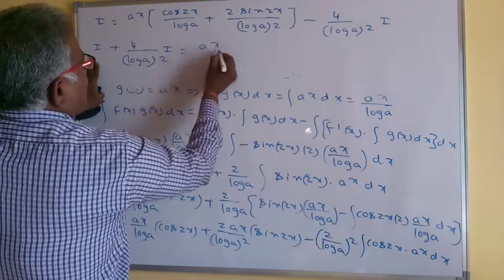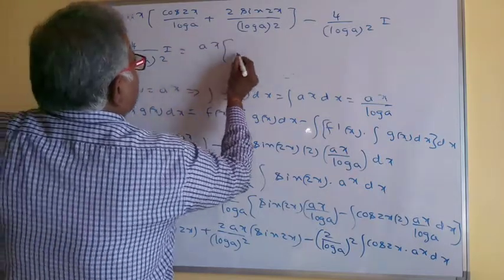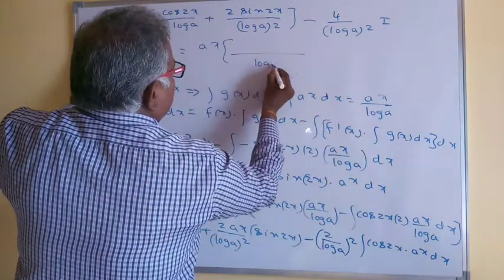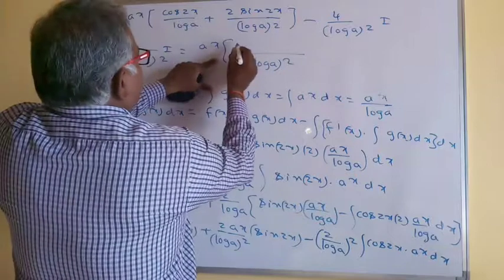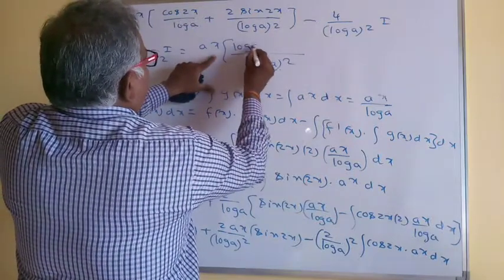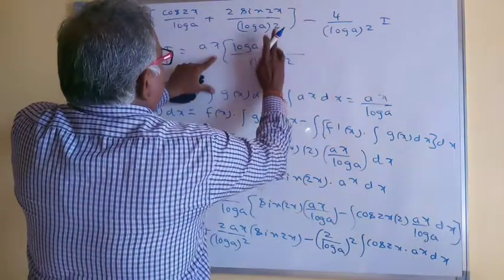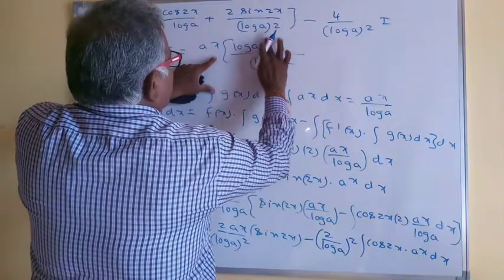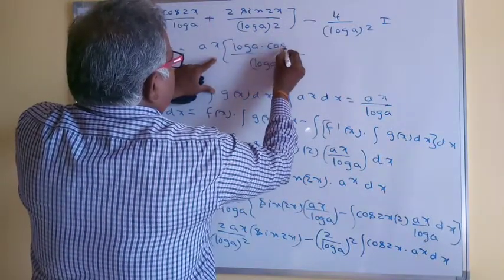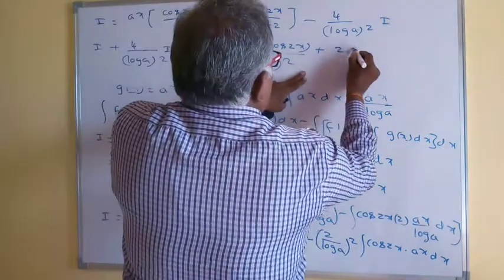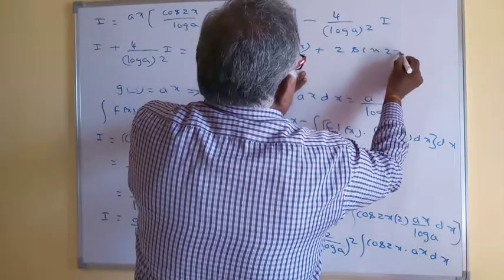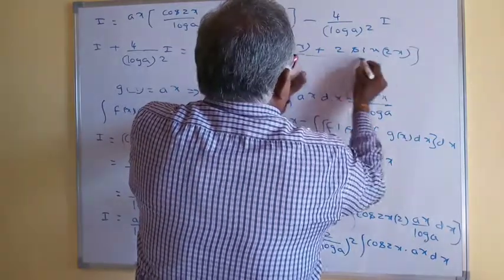Finally, a power x into LCM as log a whole square: log a into log a into cos 2x, plus 2 sin 2x.